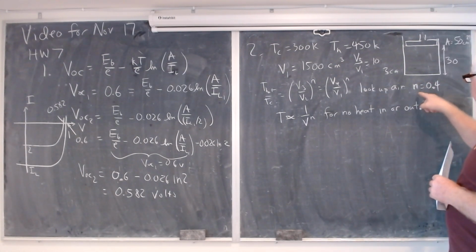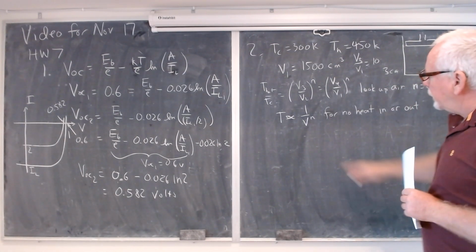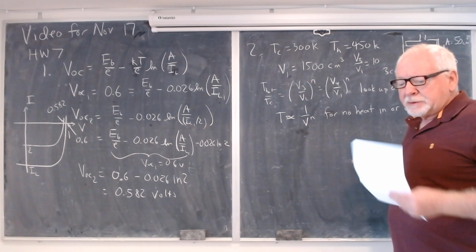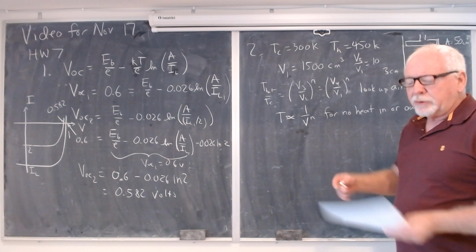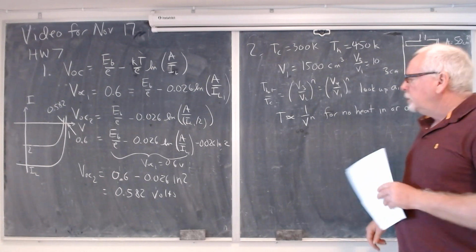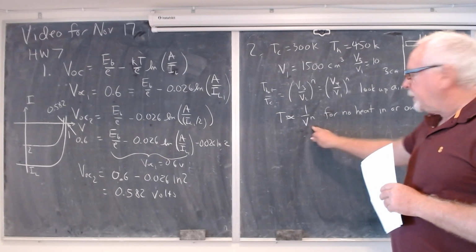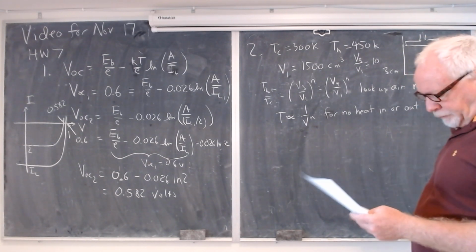For air, that's 0.4. So as a gas expands, just letting it expand, the temperature goes down as 1 over V to the 0.4.